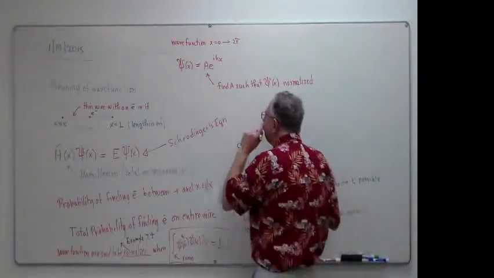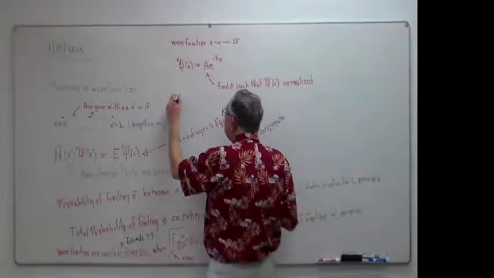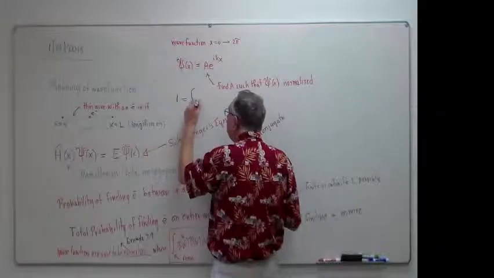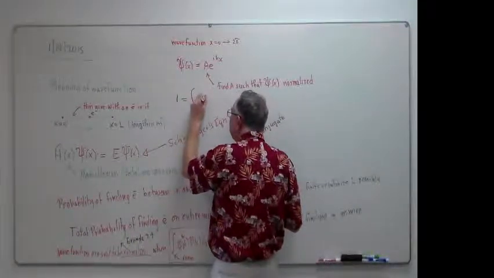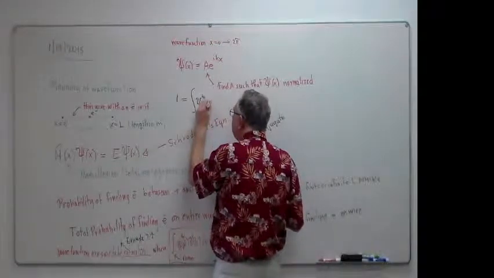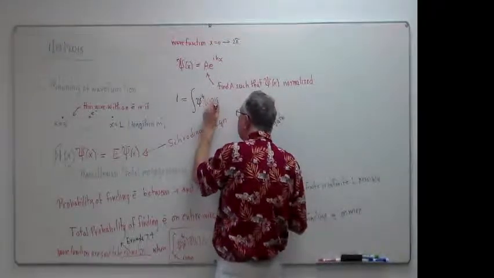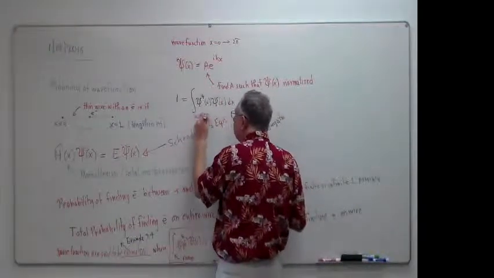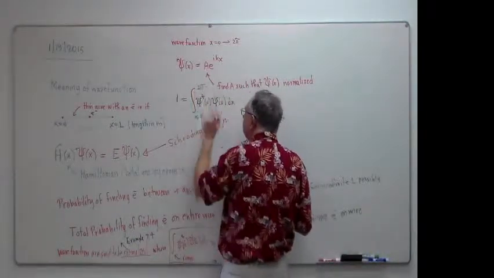So let's do that. In other words, we want 1 equals the integral of psi star psi, or psi of x star psi of x dx, where x goes from 0 to 2 pi.